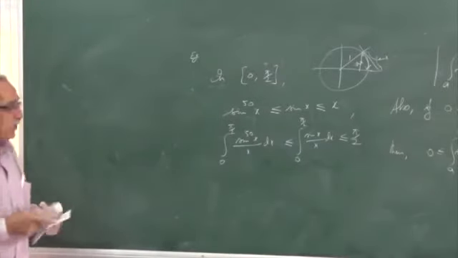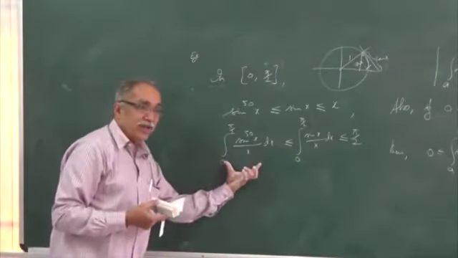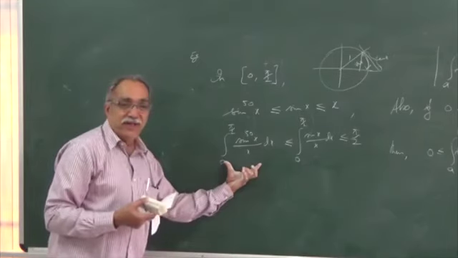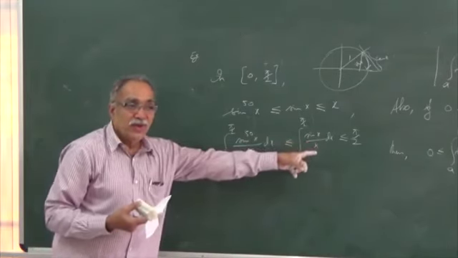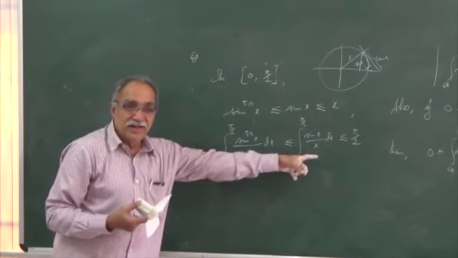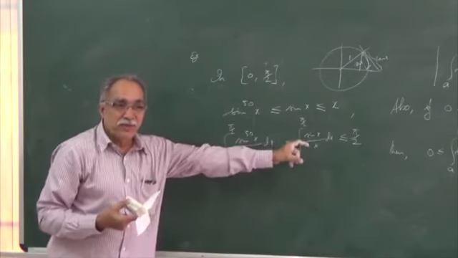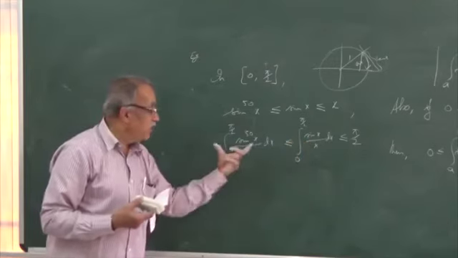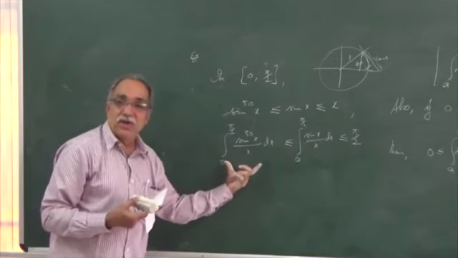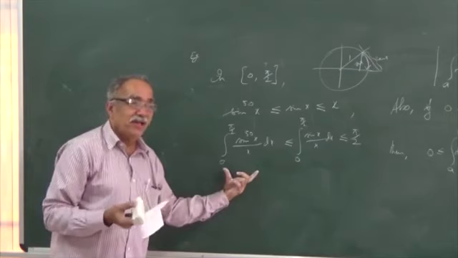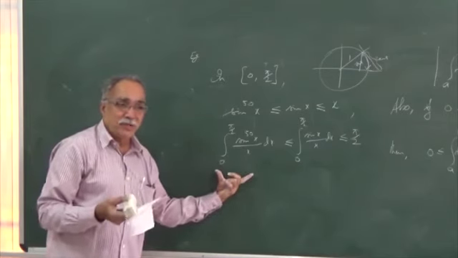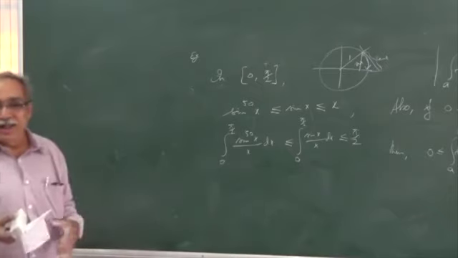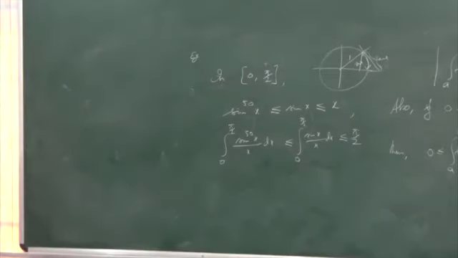So, if you are asked to find the integer part of the value of this integral, you can be definite that it must be less than or equal to 1. What is the integer part of pi by 2? 1. So, this integer part must be either 0 or 1, can never be any other number. You may not be knowing the exact value, but some information can always be given.